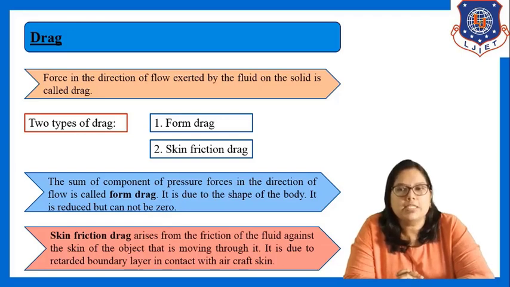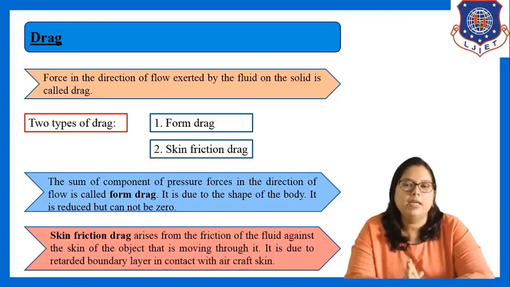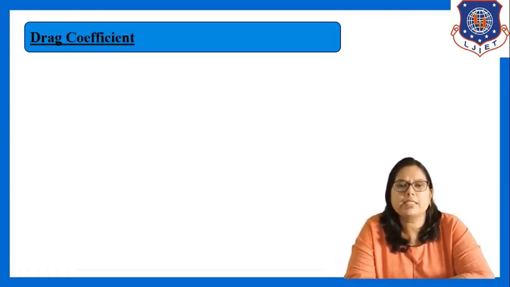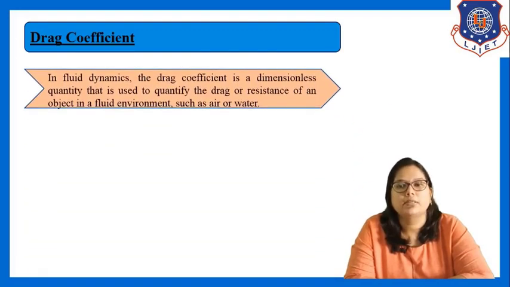Fine. So this is the basic meaning of drag. Two types of drag, form drag and skin friction drag. Clear? Now let us see drag coefficient. What is drag coefficient?